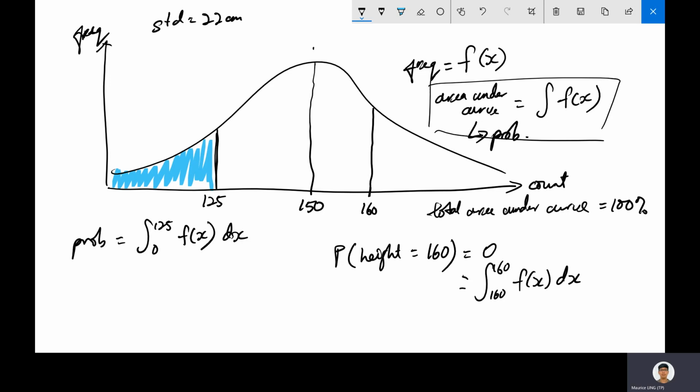You can do it for a range. Yes, correct. So binomial, you can find the probability of a single item or a single number. Normal distribution, you can't.